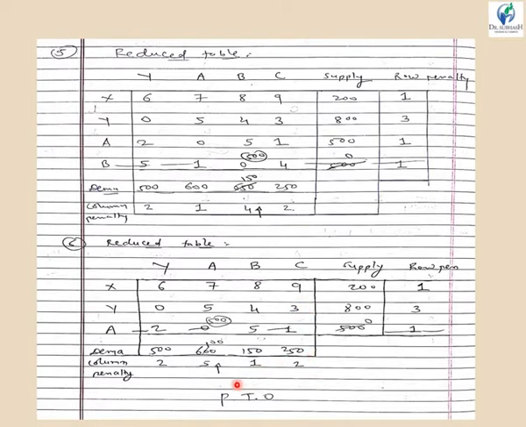Now you can see the A column has the largest penalty, so we will select that column for doing the allocation. For that column we will identify the lowest cost cell, that is this 0 cell, and from 500 and 600 the lowest value that can be allocated is 500.